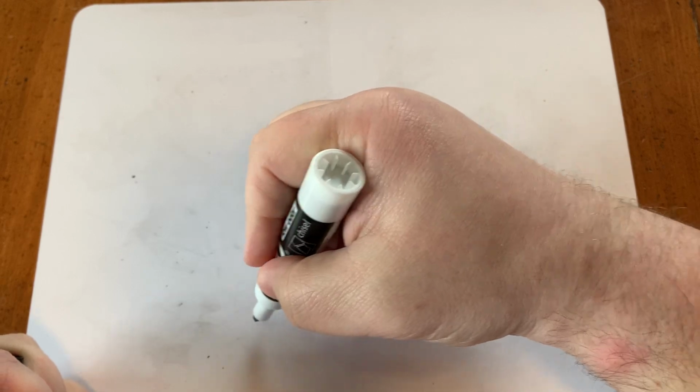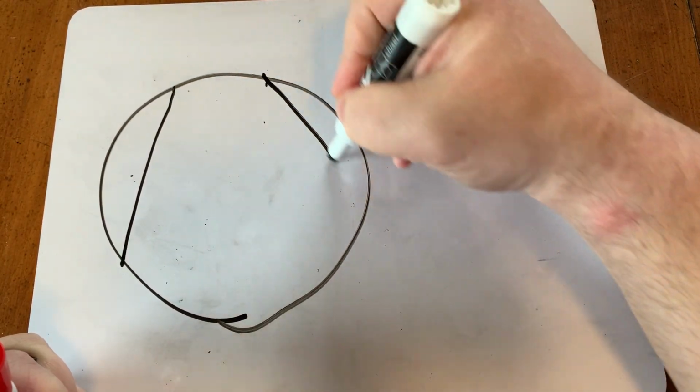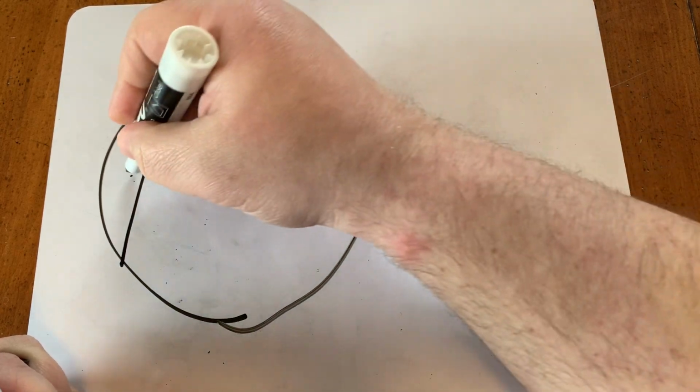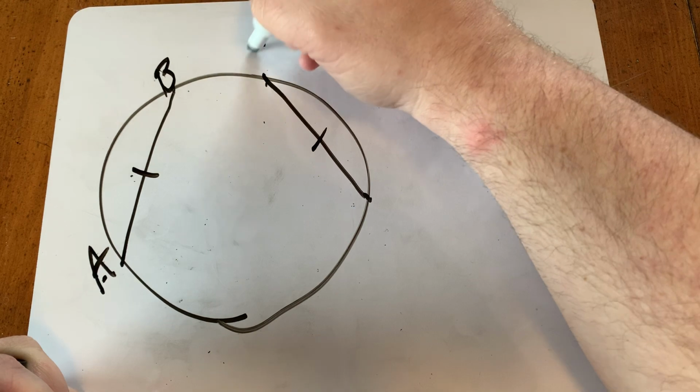All right. So let's go back to what we originally started with. Our first thing was congruent chords. So let's say we have these two congruent chords, AB and CD.